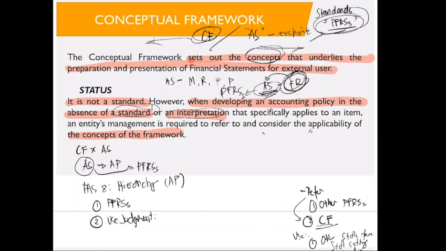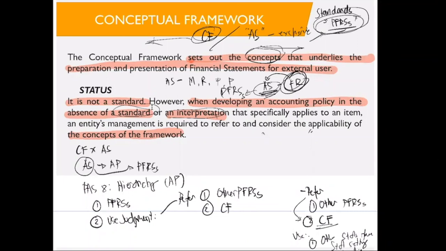In using our judgment, you must refer first to other PFRSs. So when we talk about other PFRSs, perhaps although in the line item or in the title it is not covered, inside that particular standard it can be covered. If there is no other PFRS, we now use the conceptual framework.